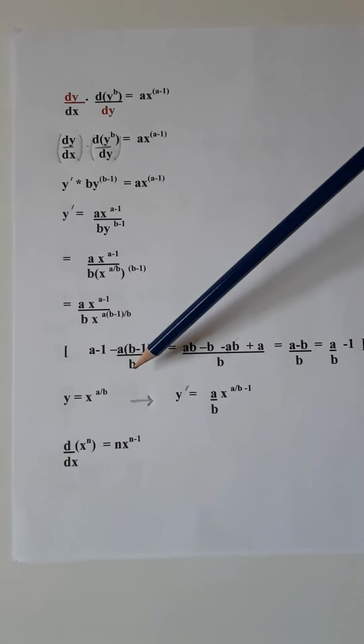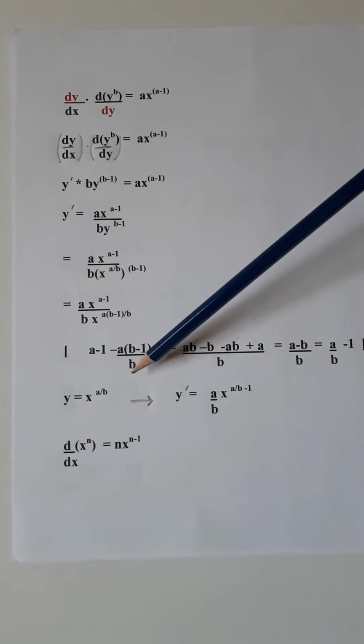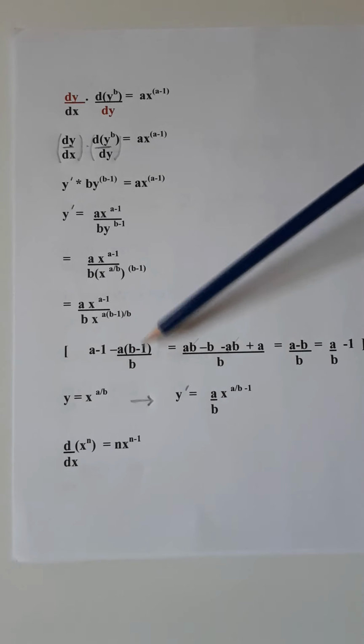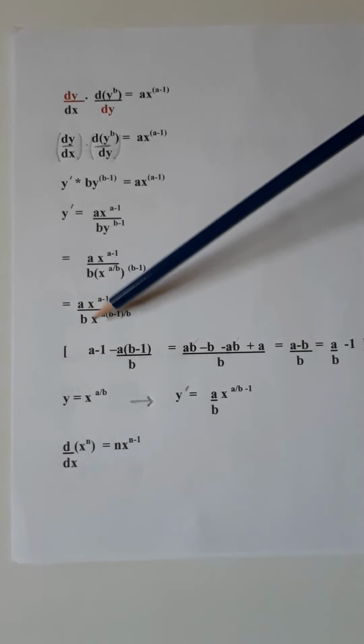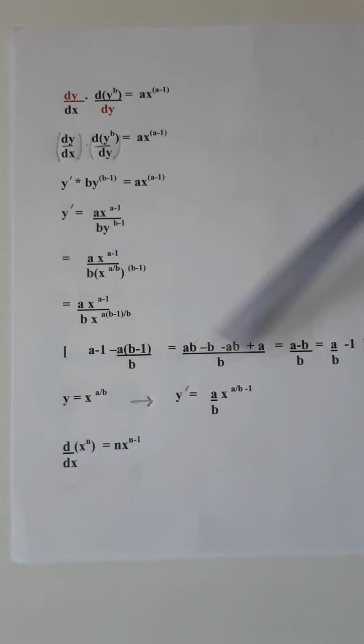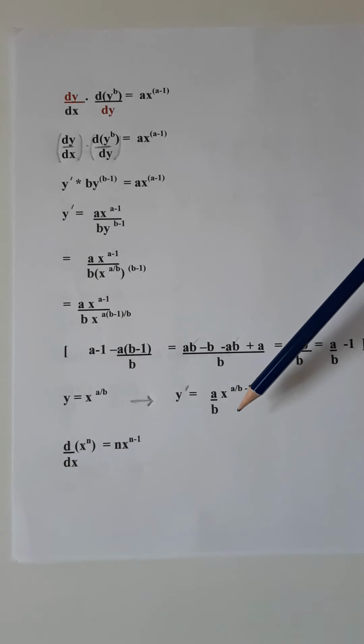When you take the LCM, ab minus b minus ab plus a. These two will cancel. You get a minus b. Divide all the terms by b, a over b minus 1. So your index is going to be a over b minus 1.